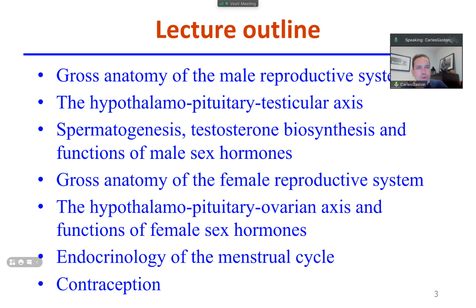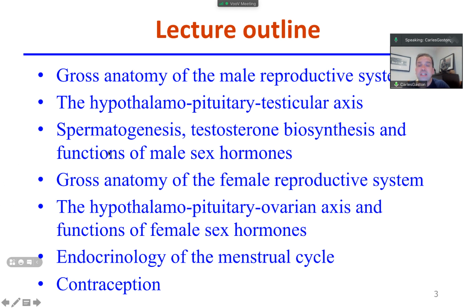So just to recapitulate and give you a lecture outline, we're going to cover the gross anatomy of the male reproductive system. After that, we will explain how this is regulated at the endocrine level through the hypothalamo-pituitary testicular axis.